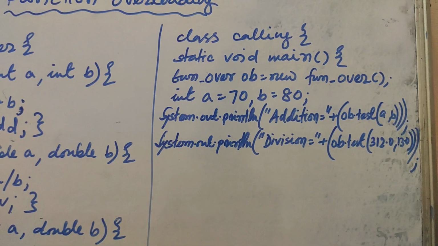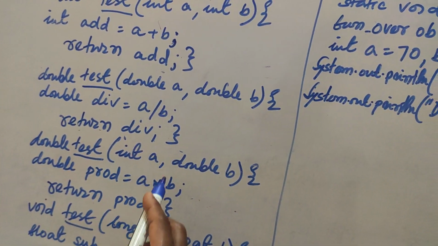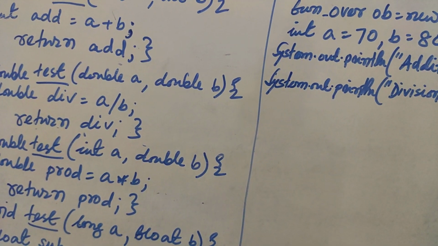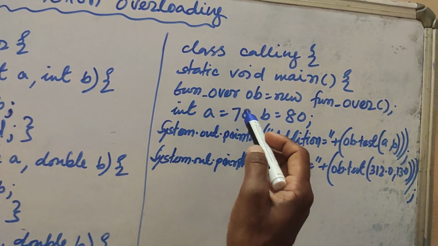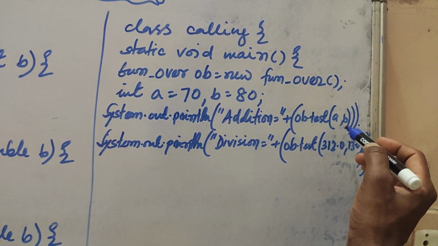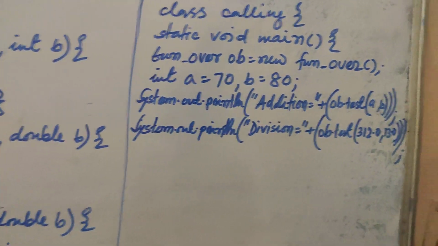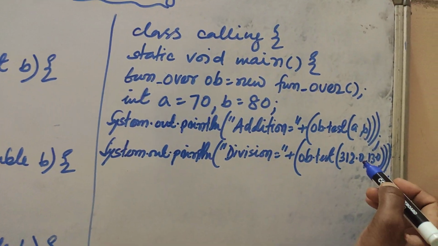Okay, another process: how will you pass it to a variable? Suppose this one I want to pass first into a variable. Okay, this is one process. First you declare the value in a variable, and that variable you place inside the parenthesis as an actual parameter, and directly we can place the value.